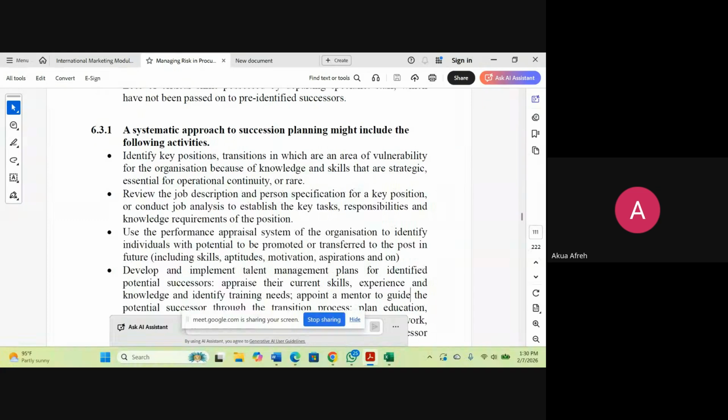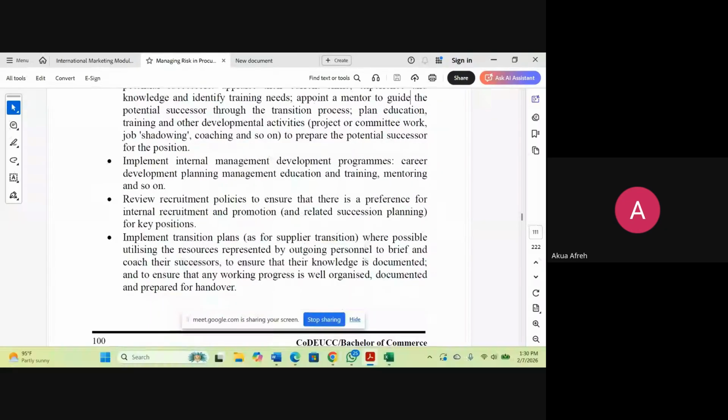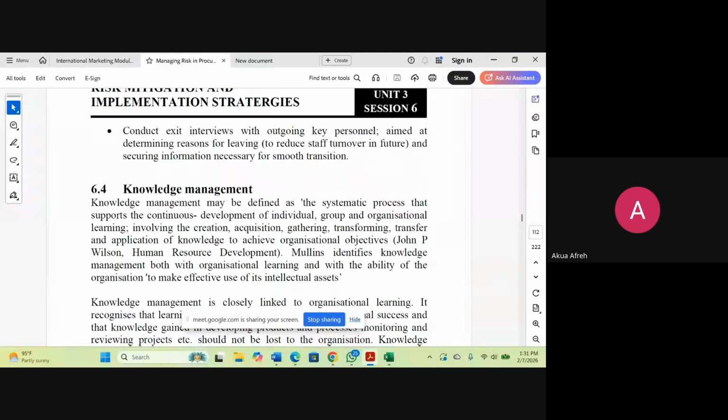We should have documents, the handover notes that I was talking about, as a reference point. So people that come in can also refer to the documents that you have.